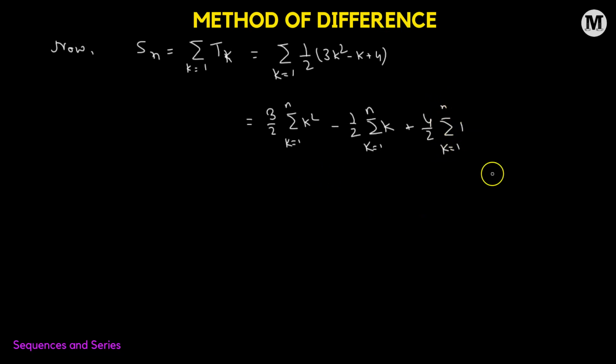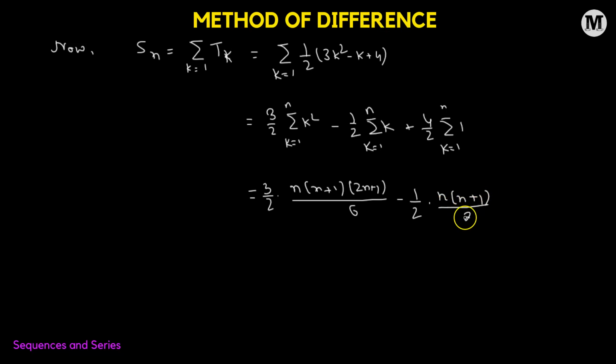Now we have a standard value for each of the three summations. The first is the sum of the squares of the first n natural numbers, the formula being n multiplied by n plus 1 times 2n plus 1 whole divided by 6, minus 1/2 times the summation of k, which is the sum of the first n natural numbers, given by n times n plus 1 divided by 2, added to 4/2, that's simply 2.